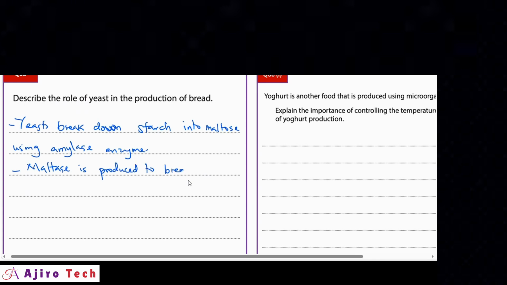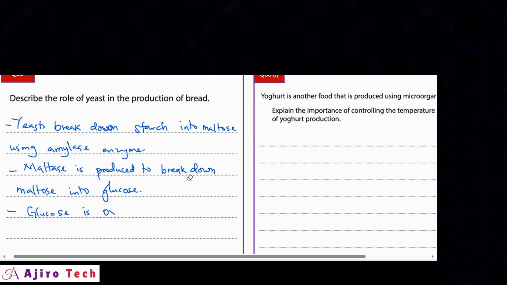Maltase is produced to break down maltose into glucose. Then glucose is broken down anaerobically. I shouldn't use the word oxidized, because that would affect the anaerobic condition.